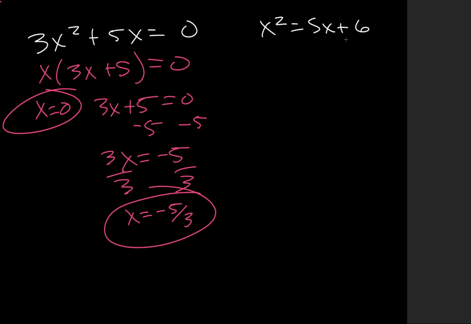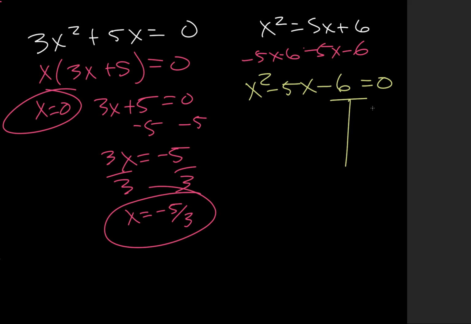Okay, this one we need to use a factoring method. Since it's quadratic, meaning x squared right here, we need to subtract everything onto the same side. I'm going to switch colors. So that leaves us with x squared minus 5x minus 6 equals 0.